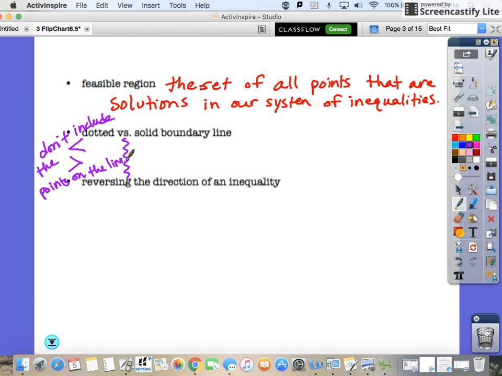So if you have those two symbols, you'll use a dotted line, and it means don't include those that are on the line. A solid boundary line will be if you have less than or equal to, greater than or equal to. In this case, it means that the points on the line are included.